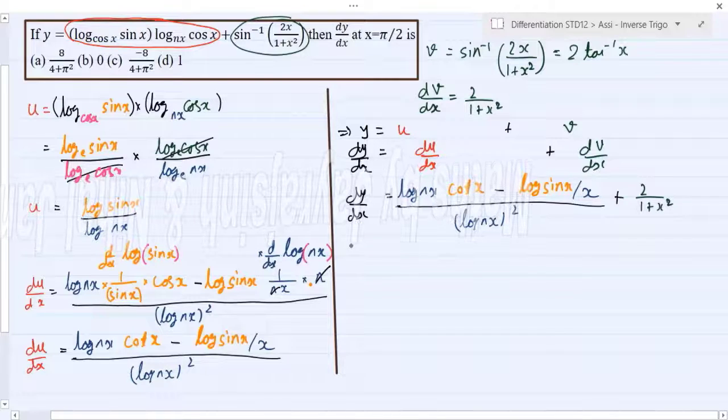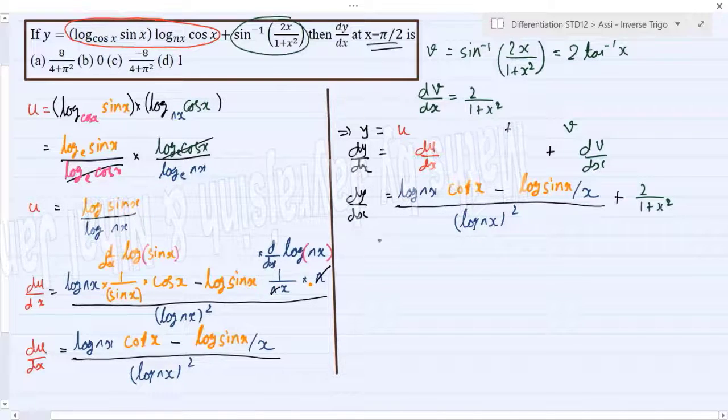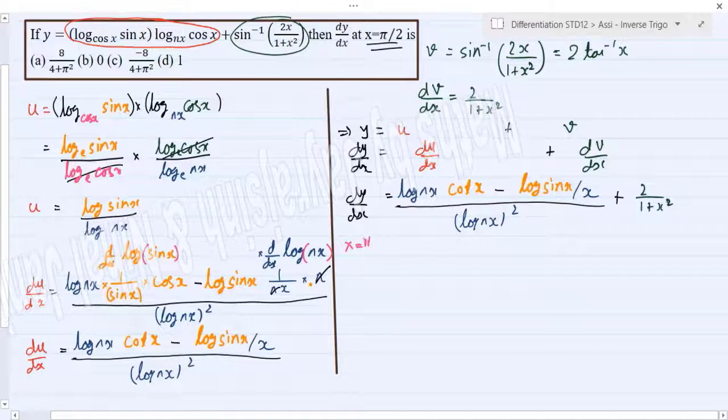So we get our dy by dx, but we need dy by dx at x is equal to pi by 2.